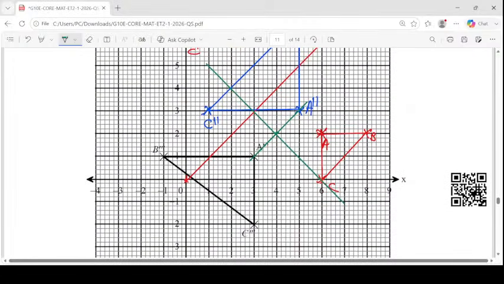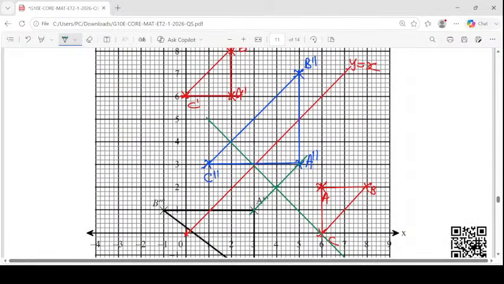I can join B double prime to B triple prime, then bisect. When I bisect, it will pass through there. I joined A to A prime and bisected.